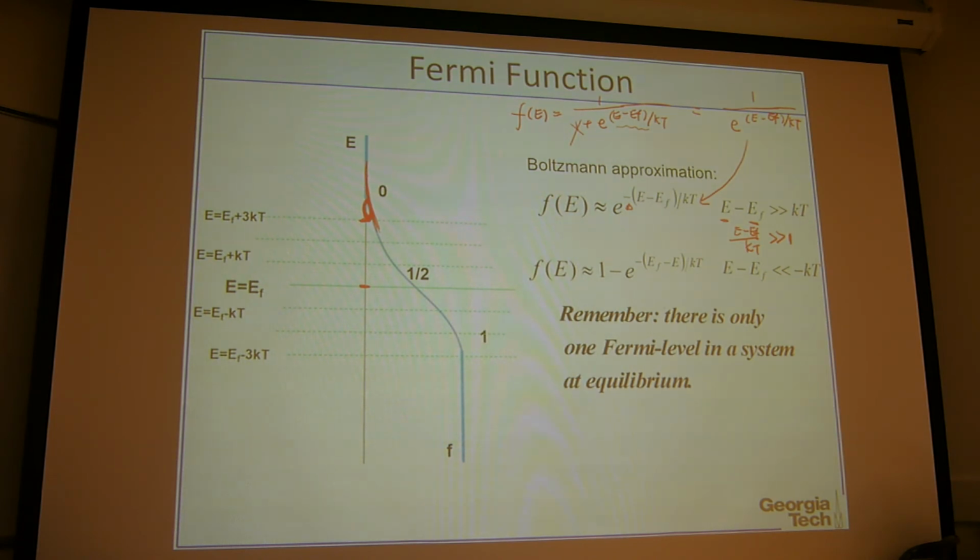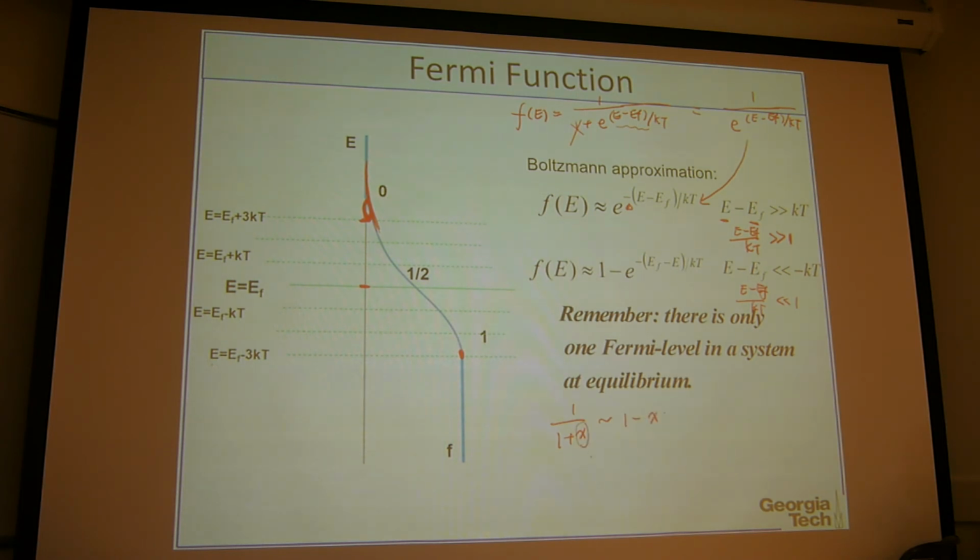And then we can also look at other conditions, which is here. This is the energy level much lower than EF, or this E minus EF much lower than this. So we can also do the approximation, but you have to use a Taylor expansion.